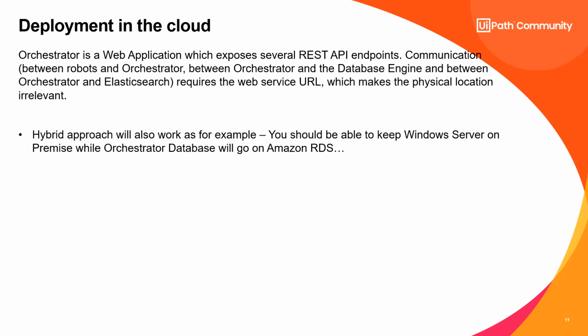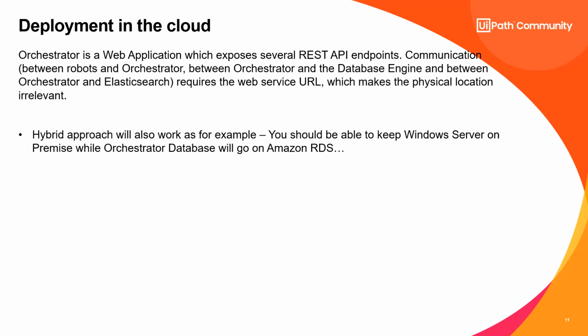as I was talking about, when we're deploying in the cloud, or using a hybrid approach where your database is on a different infrastructure or your Windows server is on a different infrastructure, how does it actually work? Basically, Orchestrator is a web application which exposes several REST API endpoints. The communication between the Robot and the Orchestrator, between the Orchestrator and the database engine, and similarly between the Orchestrator and Elasticsearch, all happens through a web service URL.